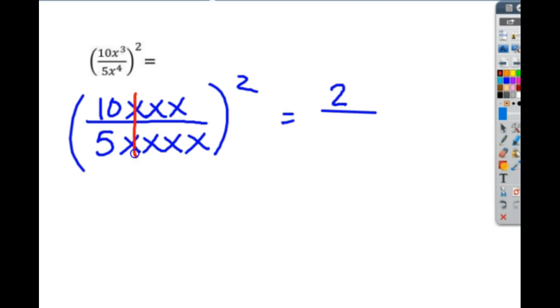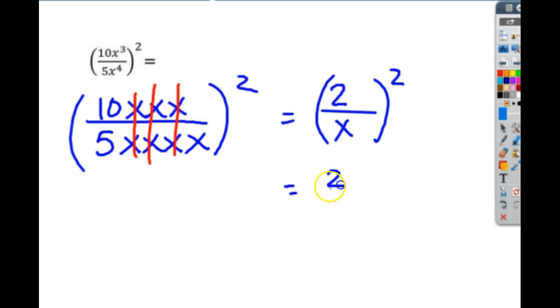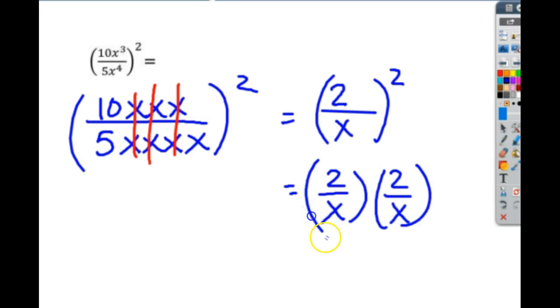And so cancel, cancel, cancel. And so what's left? So we have an x left in the denominator, and the 10 divided by 5 made a 2. So that is 2 over x times another 2 over x.